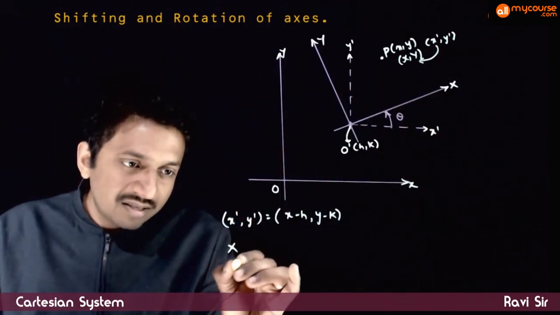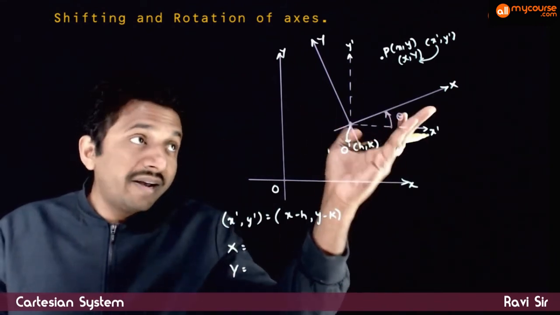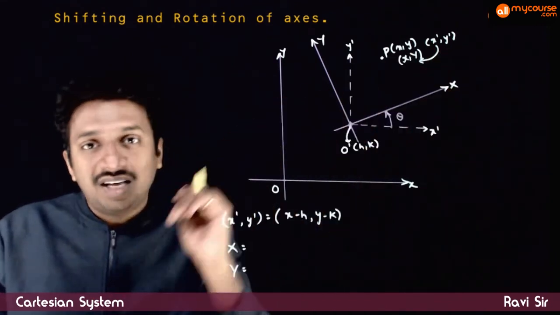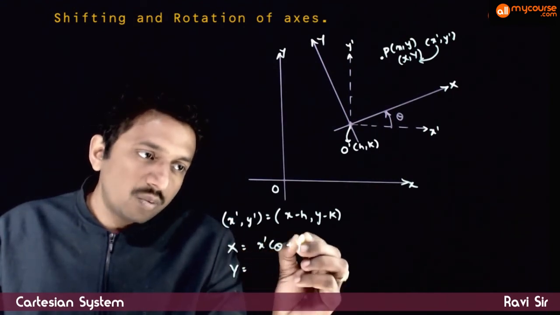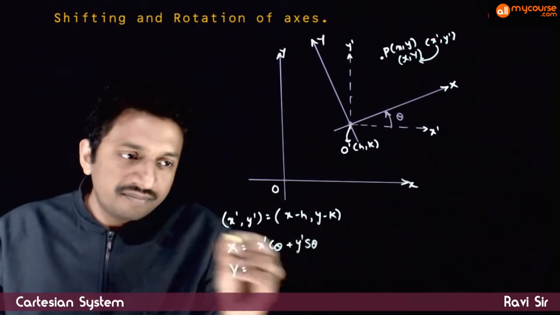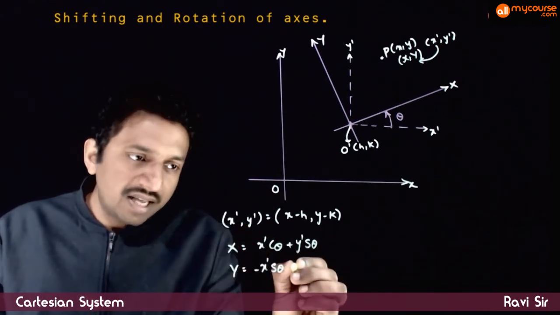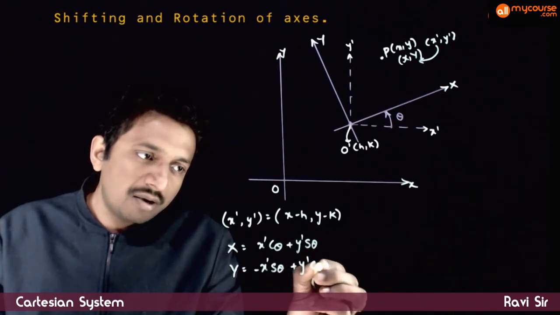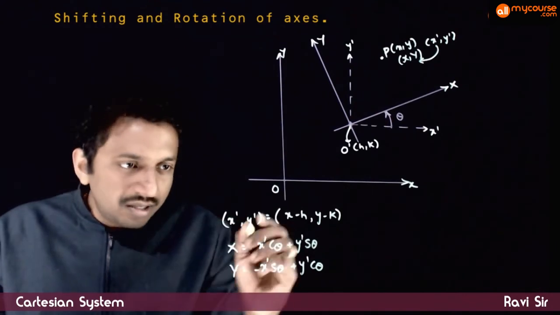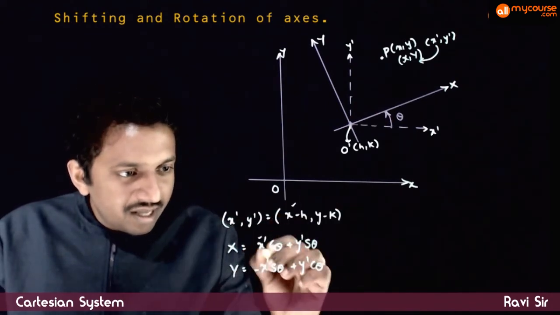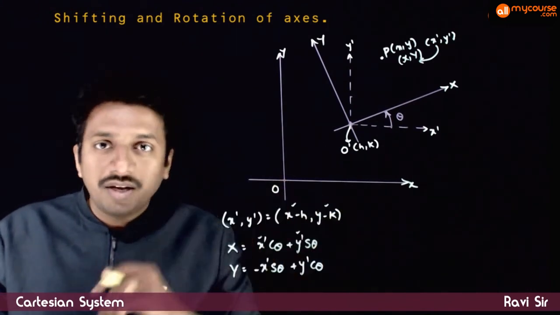Next, now x dash, y dash is being transformed into capital X, capital Y. So capital X, capital Y is equal to, the old coordinates now are nothing but x dash, y dash. So x dash cos theta plus y dash sin theta, x dash sin theta with a negative sign plus y dash cos theta. So capital X, capital Y is this. So you just need to substitute x dash and y dash in terms of small x, small y.